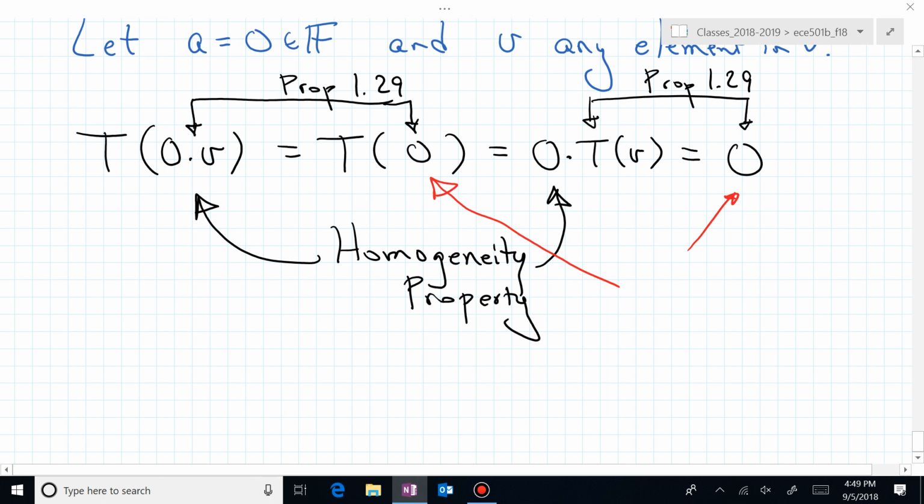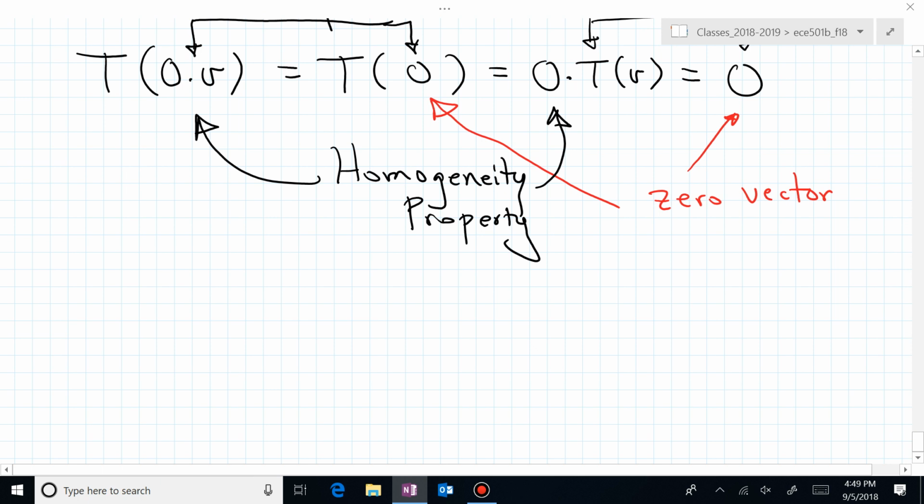The arrow pointing to the left is pointing to what? What is the argument? That's the 0 vector. What's it pointing to on the right? So that's the 0 vector, and what's it saying? That the map T takes the 0 vector where? To the 0 vector.